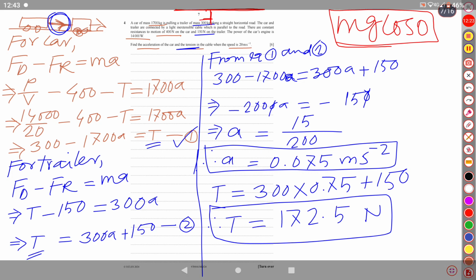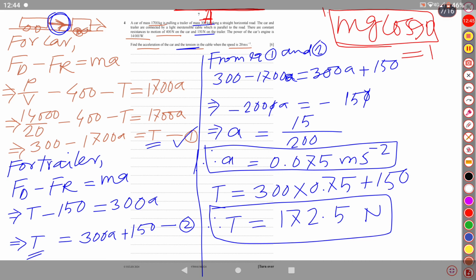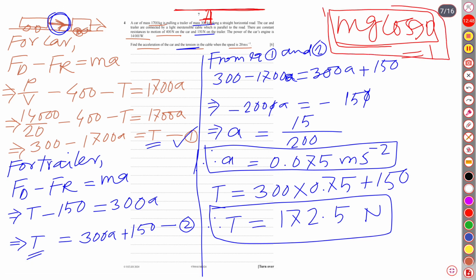If angle is 90, then it will be cos 90. Cos 90 is nothing but, sorry, cos 90 is 0.